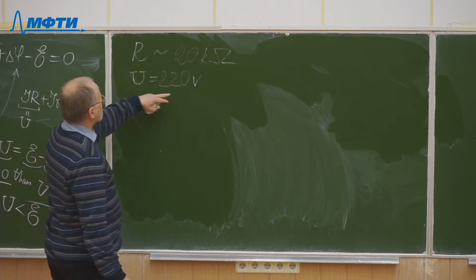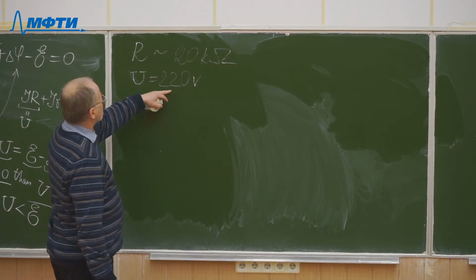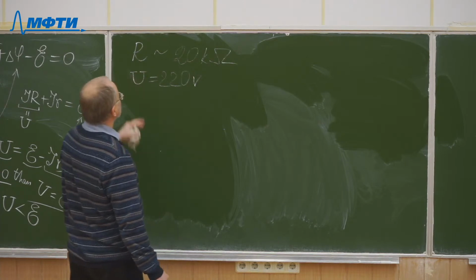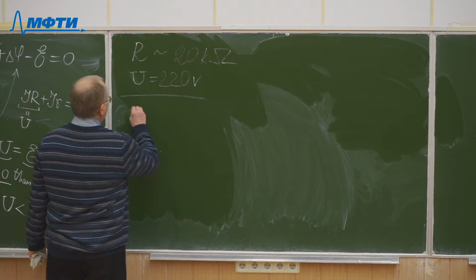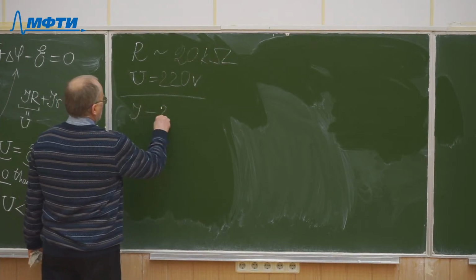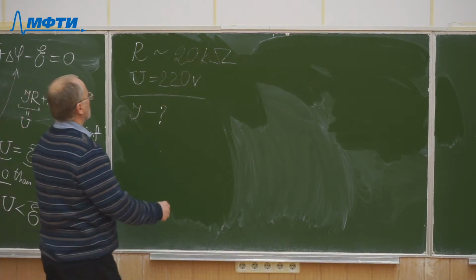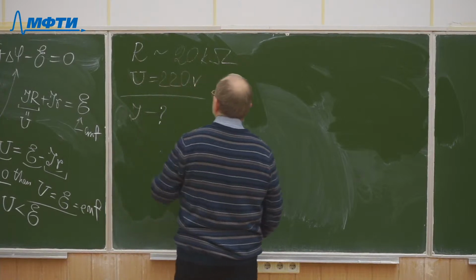So this is the standard voltage for electric cables inside the building. And this is something close to the internal resistance of a human body. What current will flow through the body of such a person who touched the naked wire which is under the voltage?